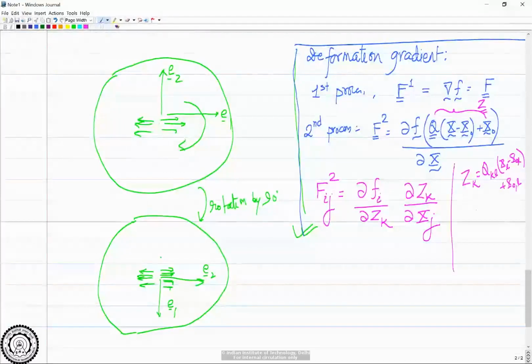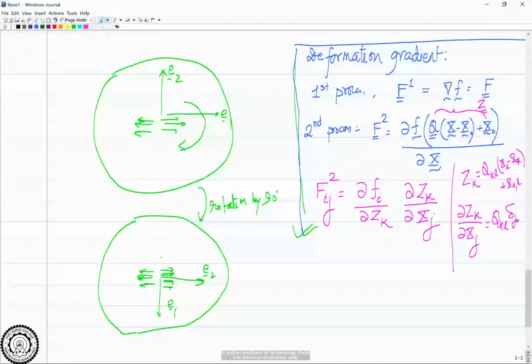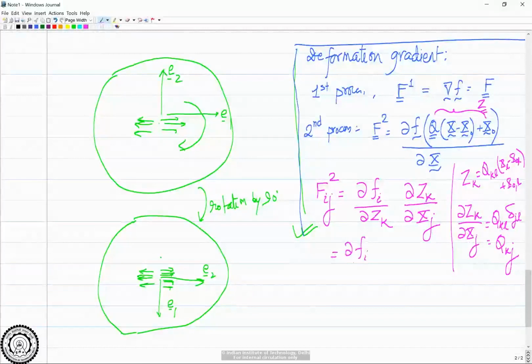So if this is the case, what is del zk over del xj? That's going to be qkl into del xl over del xj, which is delta jl, which is simply qkj. Okay, so we can come back here and write that this is del fi over del zk, and this has to be evaluated at z, into qkj.